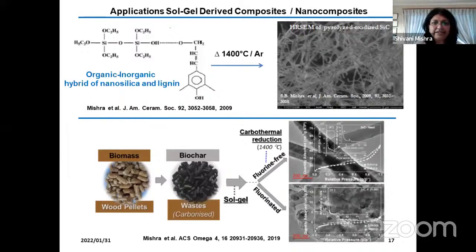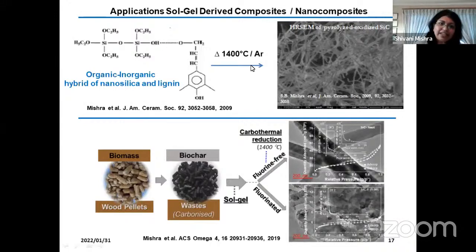I extracted lignin and mixed the two, the sol-gel derived silica with this carbon, and then I used the normal reaction conditions of very high temperature, 1400 degrees Celsius, in an argon atmosphere, and then I could obtain the silicon carbide here.